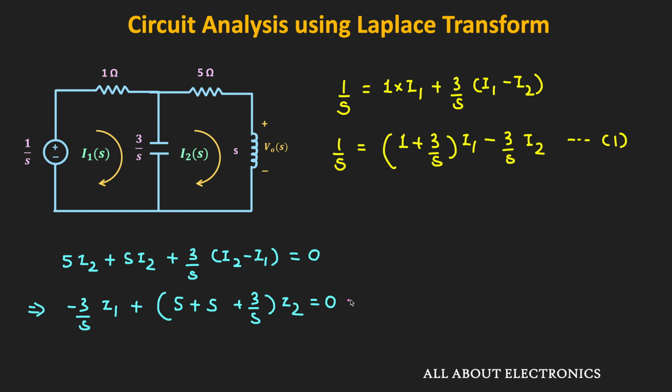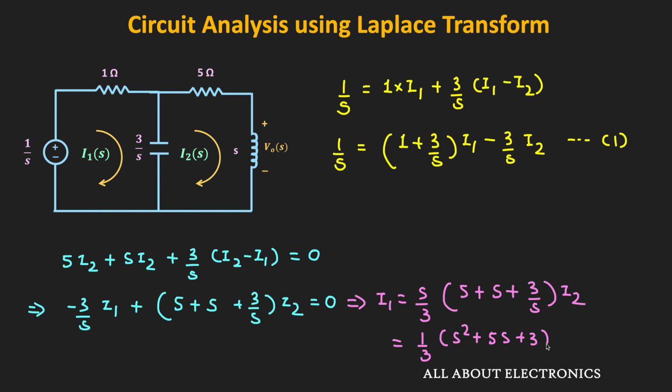Or from this, further we can write I1 is equal to S divided by 3 times (5 plus S plus 3 divided by S) times I2, or that is equal to 1 by 3 times (S square plus 5S plus 3) times I2. So let's say this is the equation number 2.